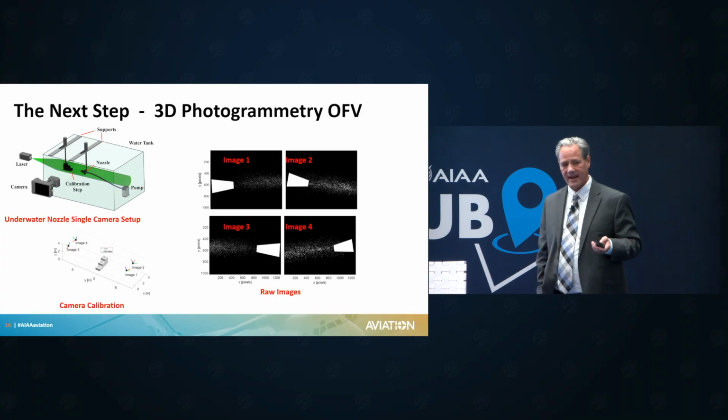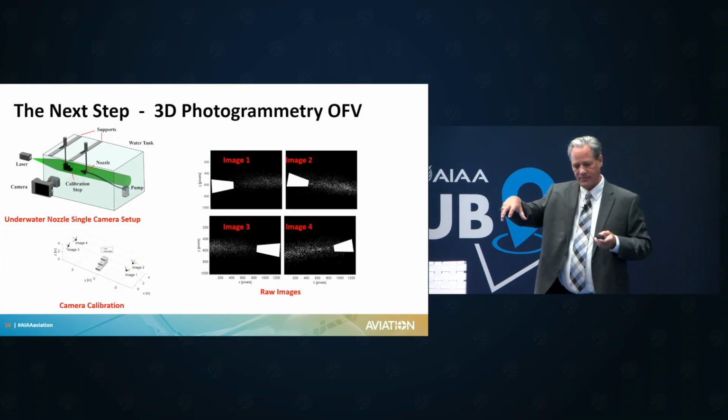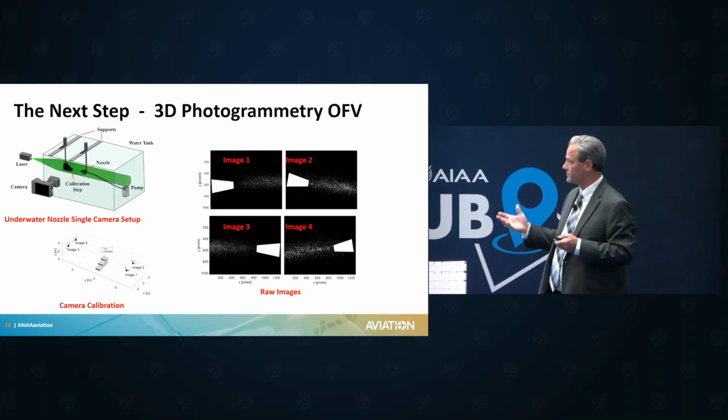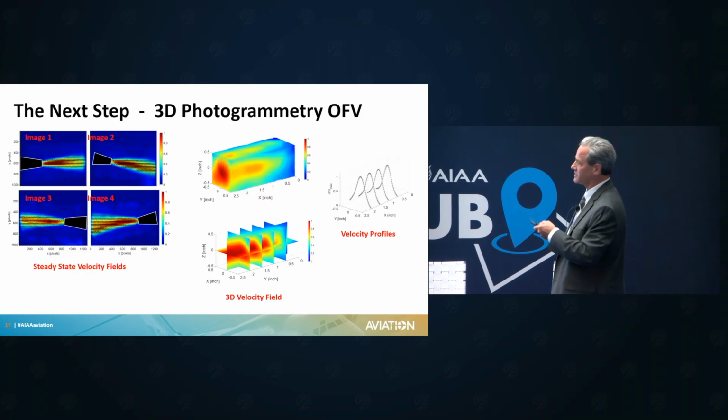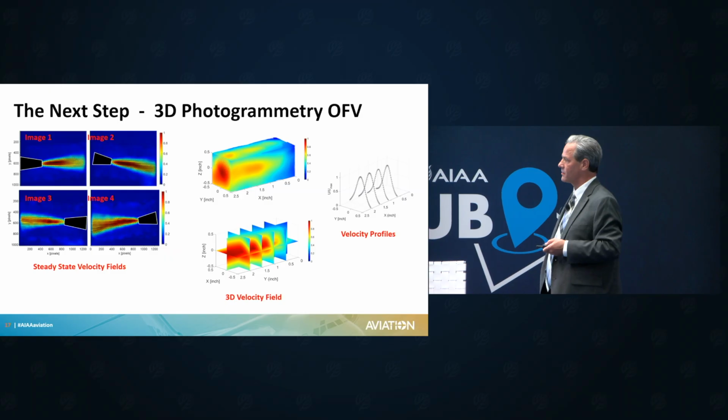With one camera, you do 4 collection methods 4 times, and you can see the underwater nozzle, the single camera setup, the camera calibration setup, and then the nozzle in images 1, 2, 3, and 4 on the raw images. And here are the steady state velocity fields for each image, and then the calculated 3D velocity fields.